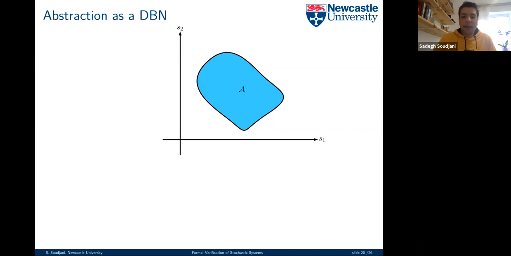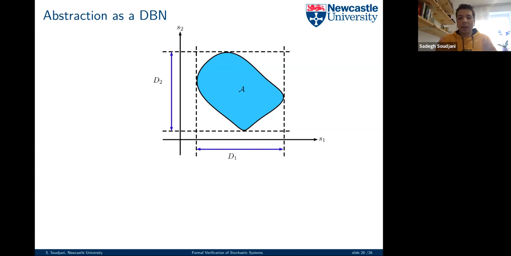What we do is start by first projecting the safe set A along each coordinate, along each axis, to get two sets, D1 and D2. Then we partition D1 and D2 into smaller partition sets, and then we pick representative points. Here you have these representative points, and also one dummy state for the outside of D1.